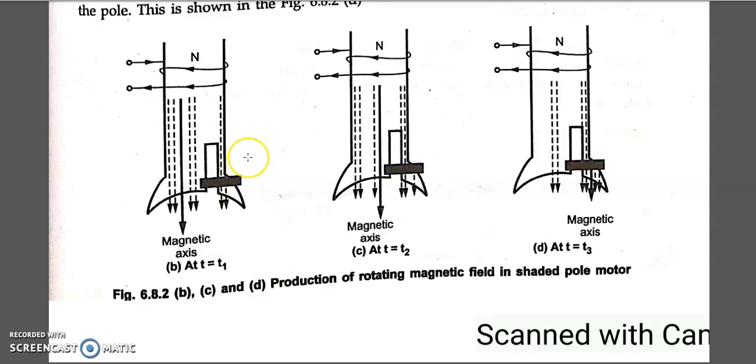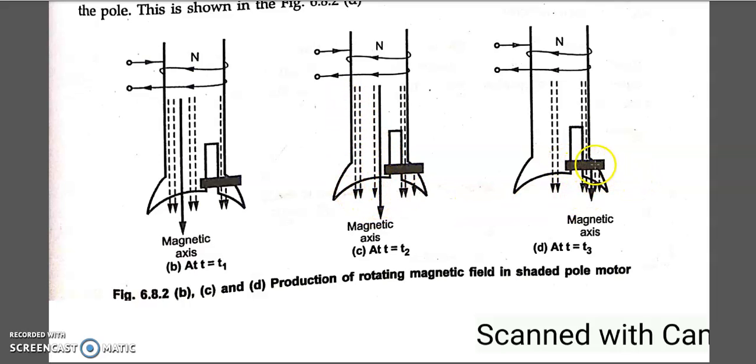At T1 what was happening, the flux was increasing, so it opposed it, so it tries to decrease. So it tries to decrease, and what happens, the flux at this part decreased, and here the flux crowding was more. But here at T2 the rate of change of flux was 0, so there is no current in the shading band, so there is no opposition, so the magnetic axis was the center.